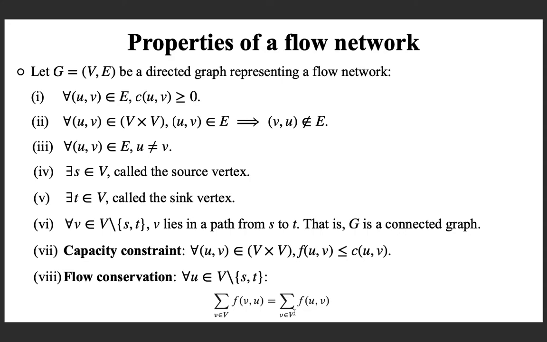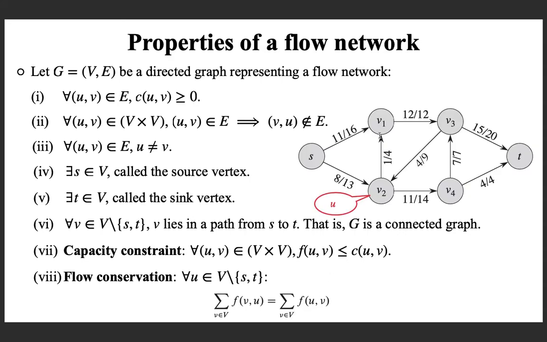I will explain it with an example. In this example, if you take u as this vertex, you can see that the total inflow, that is the total actual flow coming to that vertex, is 12. It is 8 through this conduit and 4 through this conduit, no other incoming edges, only 2, and through that a total flow of 12 is coming to that particular vertex.